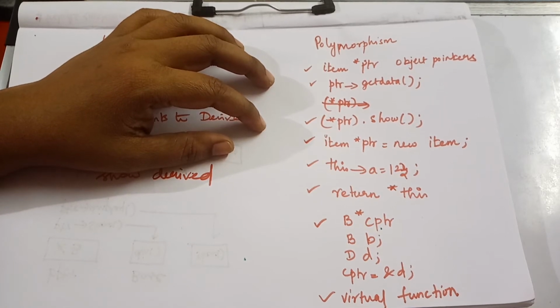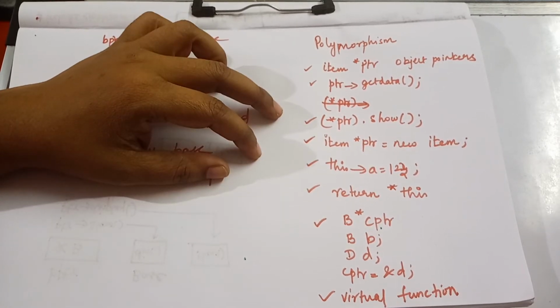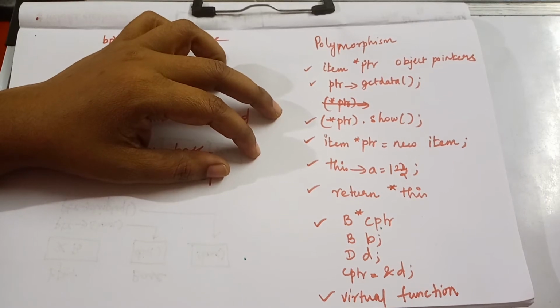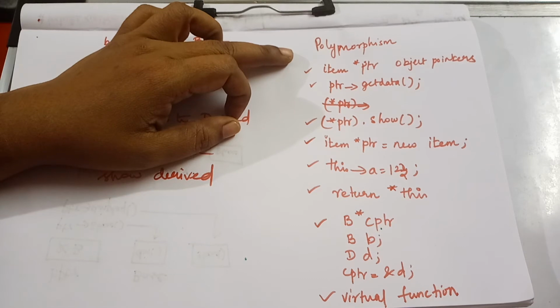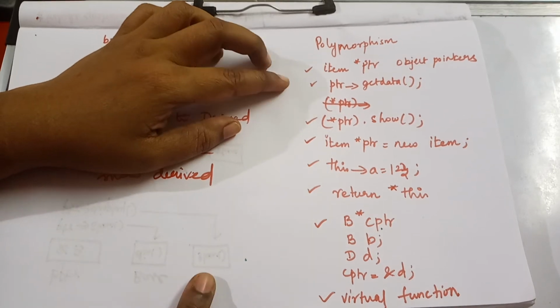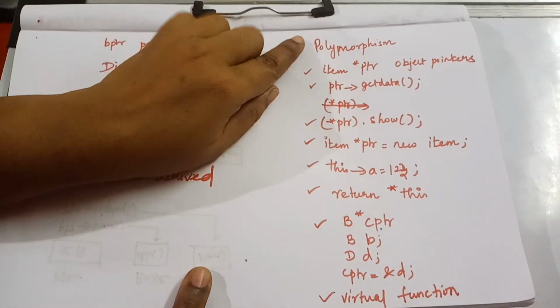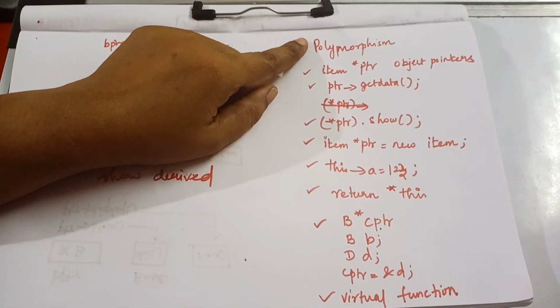So far we have discussed so many concepts to understand the concept of virtual function. So everything comes under the concept of polymorphism. I have uploaded 5 videos on virtual function, but it consists of so many concepts. So let me summarize everything. First we discussed what is polymorphism. There are two types of polymorphism: one is runtime polymorphism, the other is compile time polymorphism.